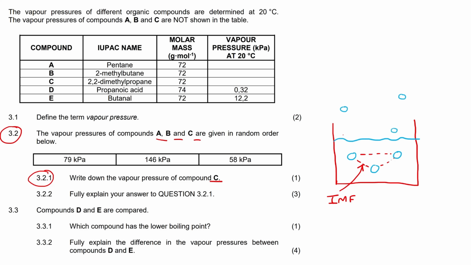So let's write this out. If a substance has strong intermolecular forces, so think about that. If these forces are very strong, will we need more energy or less energy to get them into the gas phase?